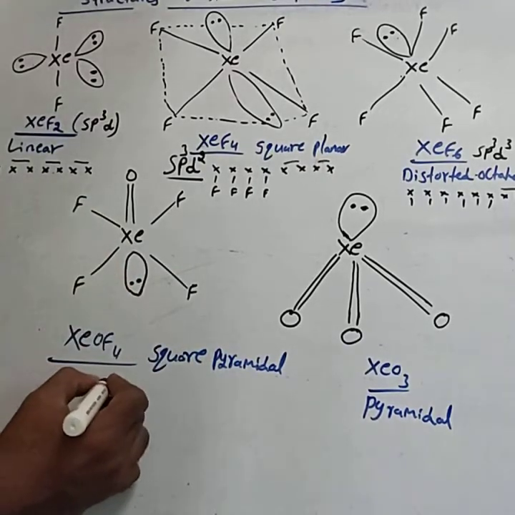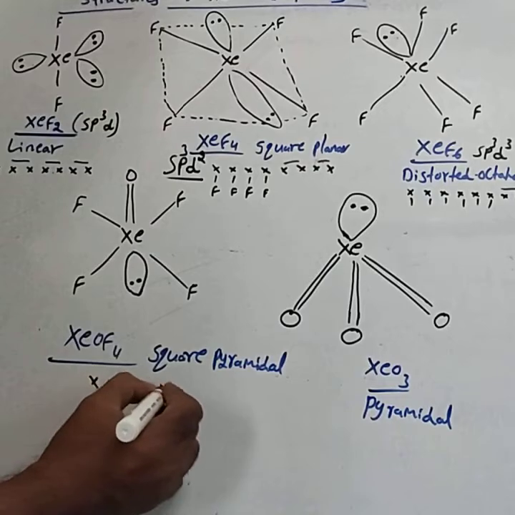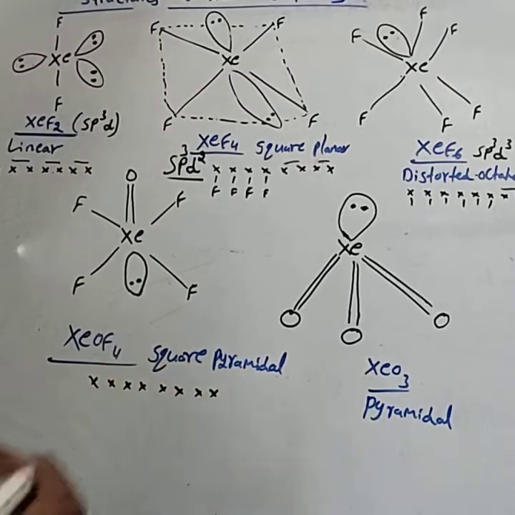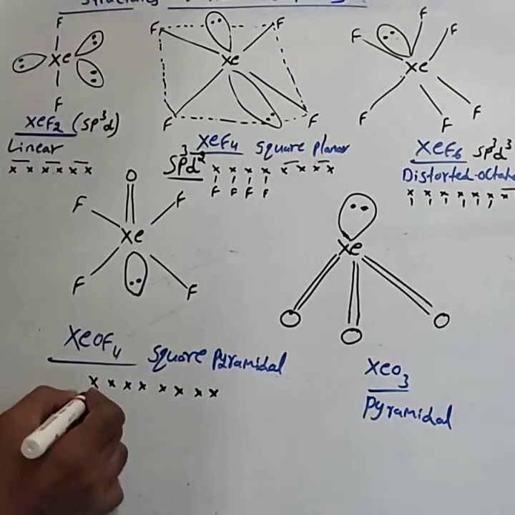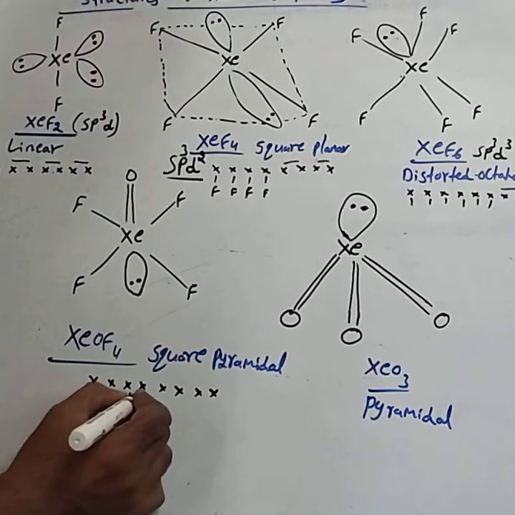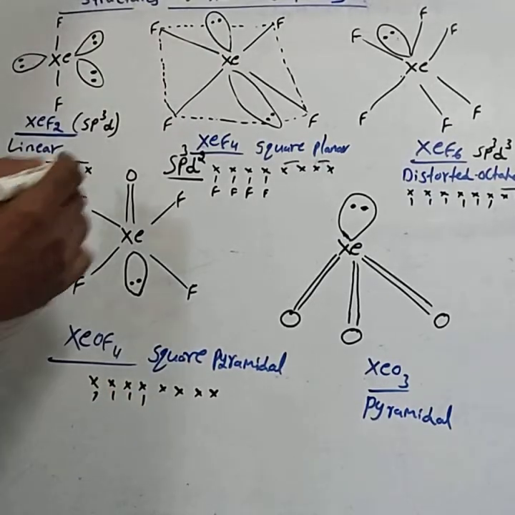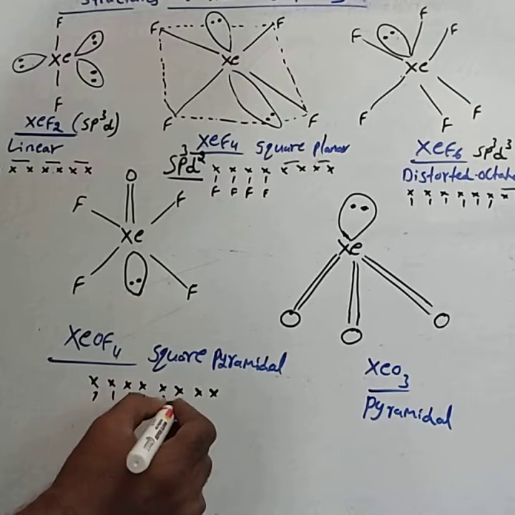So you calculate the hybridization. 8 valence electrons for the xenon. 4 fluorine atoms, they are monovalent. Oxygen is bivalent, hence 2 electrons are used for the oxygen.